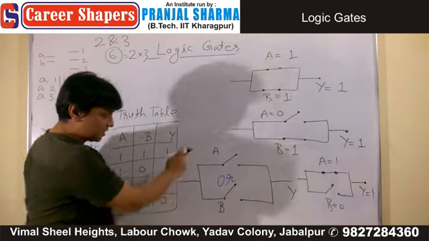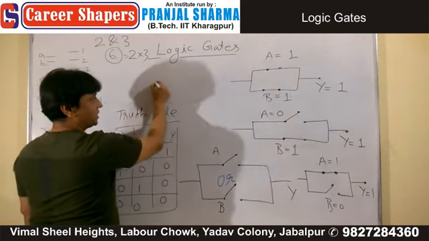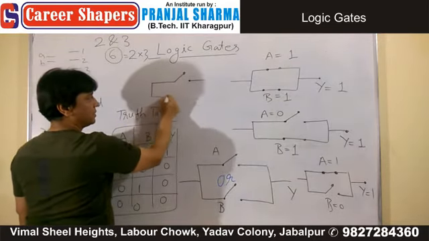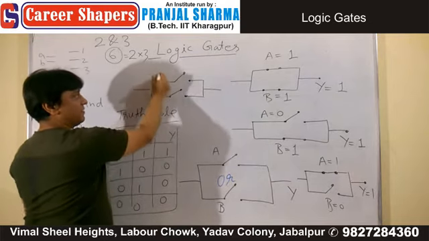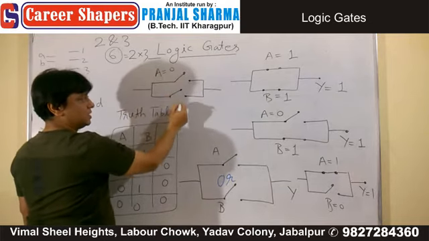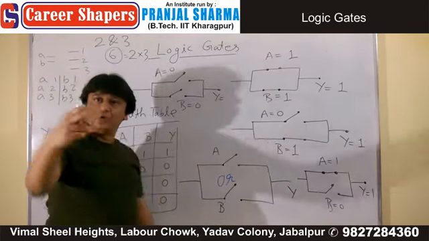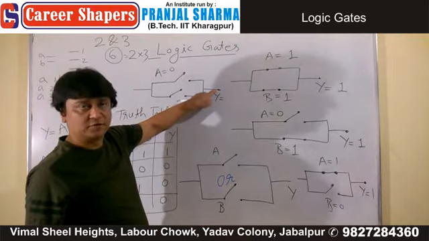And if you draw something like this in the original form, both are open. If A is 0, B is also 0, then you know that no current will be observed.